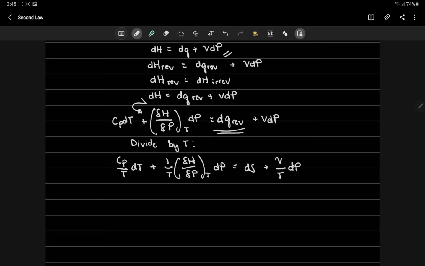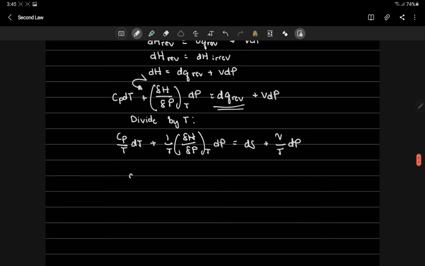Okay, let's do some rearrangement a little bit. So, kung gusto kong i-solve si dS or change in entropy, rearranging the equation magiging Cp over T dT plus 1 over T. I'm just combining terms here at meron kasi silang common factors.